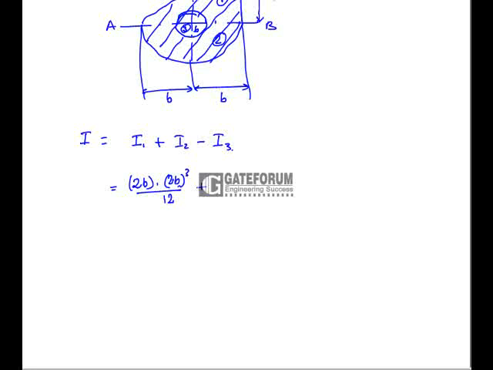Plus I2, this is the moment of inertia of the semicircle, half of pi by 64 into 2b power of 4, minus, this is pi by 64 b power of 4. Now on substituting all these values, we get the total area moment of inertia of this shaded portion as 1.67 times b power of 4. And in the options, the right option is D. D is the right answer.